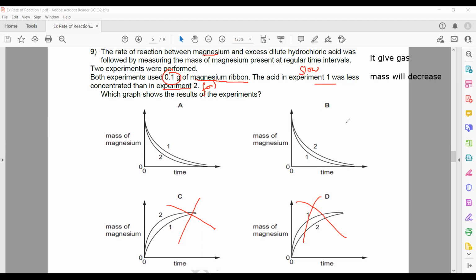So when we check, either A or B can be an answer, but which experiment is fast? Experiment 1 is slower and experiment 2 is faster. So when we check this, for 1, the change in the mass is smaller as compared to that of 2. That's why A is the right answer. Is this question clear?